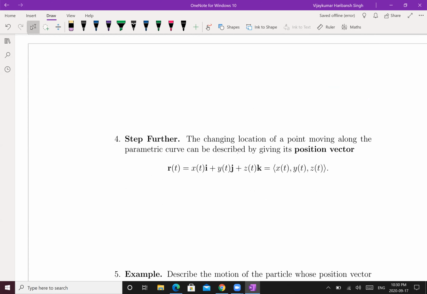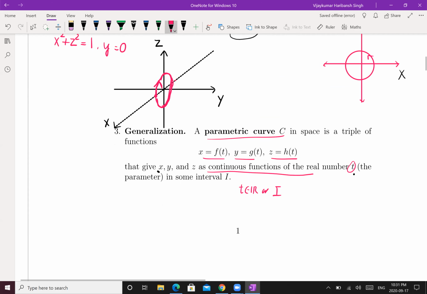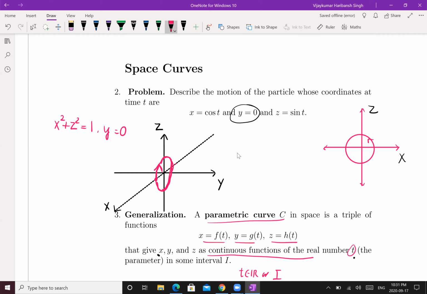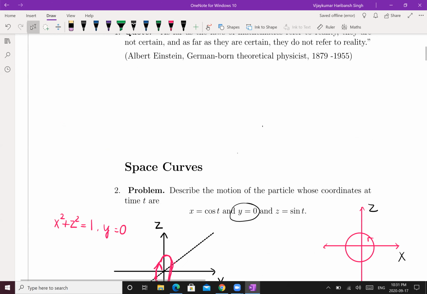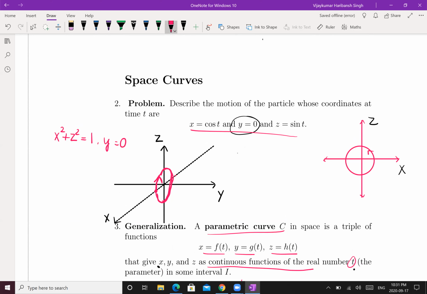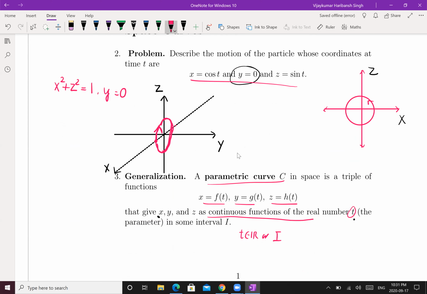One step further, we can describe the changing position along a parametric curve by a position vector. The idea is that instead of writing the equations separately, in this case, for example, I can write it as r of t equals cos t, 0, sin t.